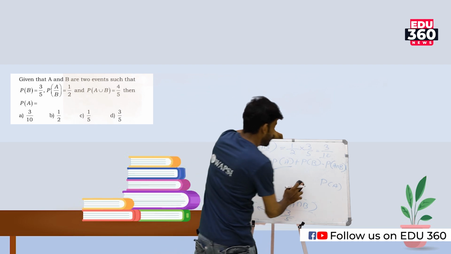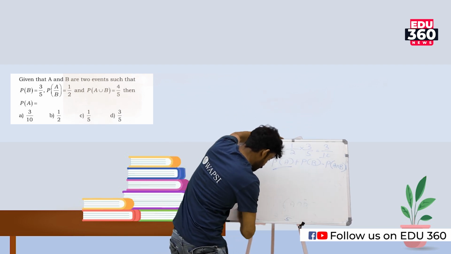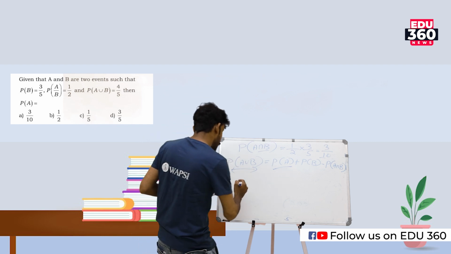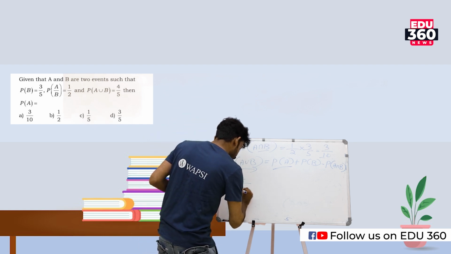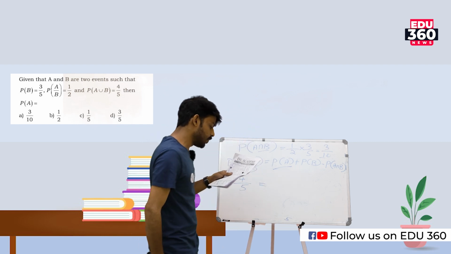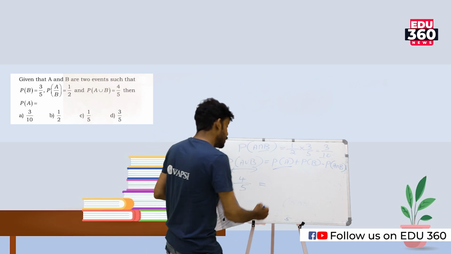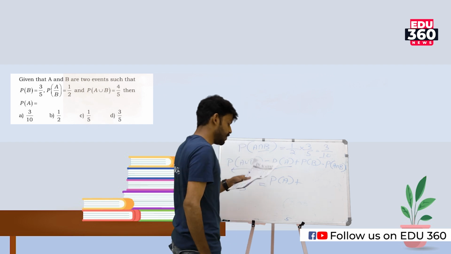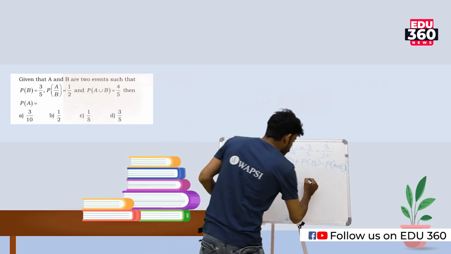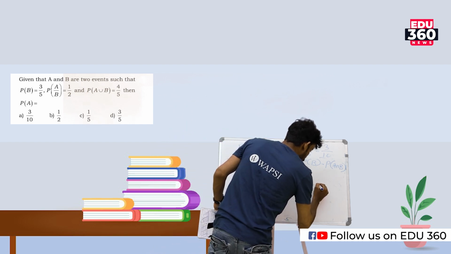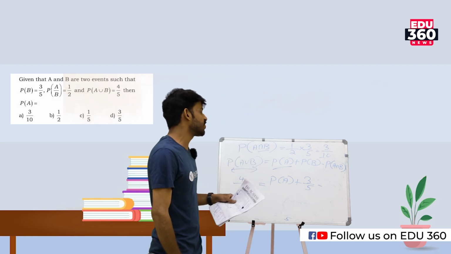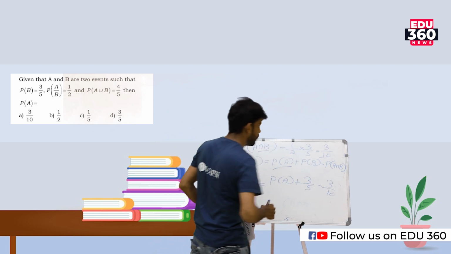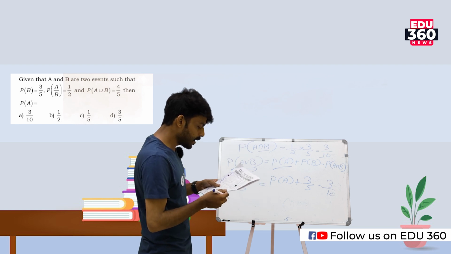So let me write that on the next step. P(A ∪ B), the value is 4/5, is equal to P(A) plus P(B), the value of P(B) is given as 3/5, minus P(A ∩ B), which is 3/10.